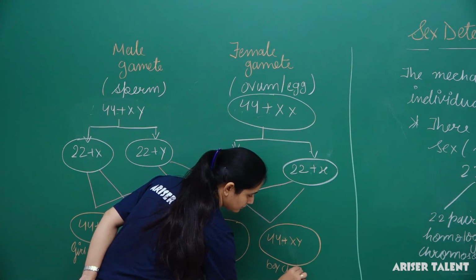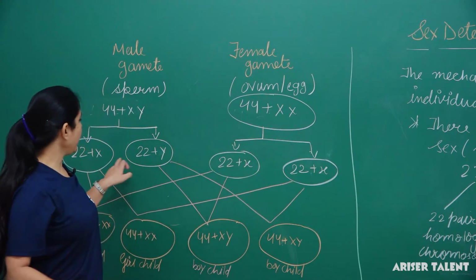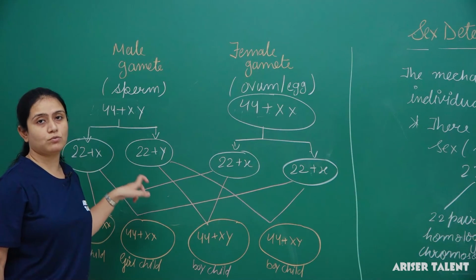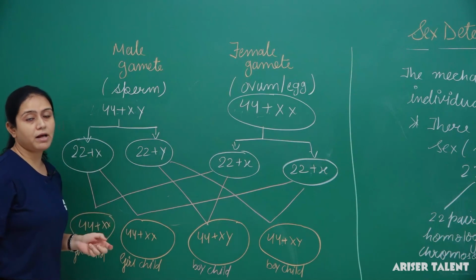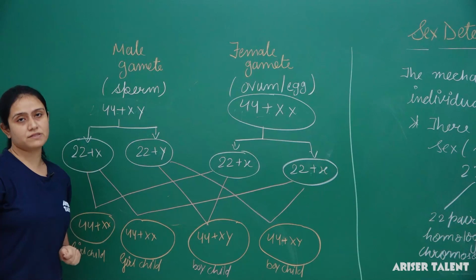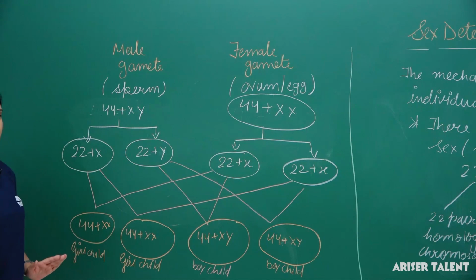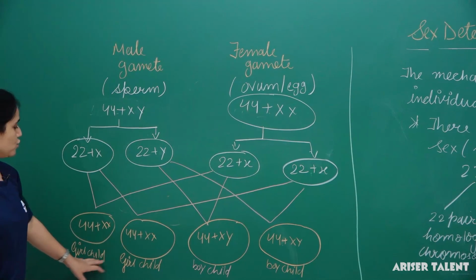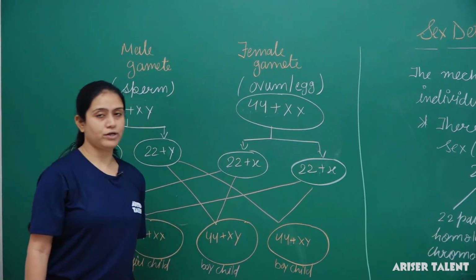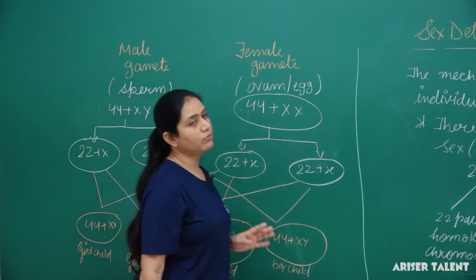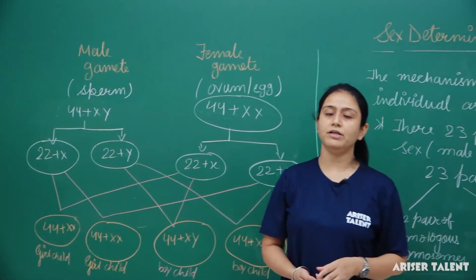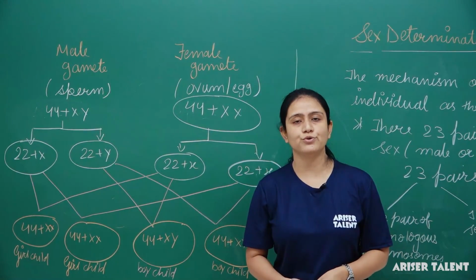So these sex chromosomes, XY, decide or determine the sex of the offspring, and this complete process is known as sex determination. Clear? Two girl children and two boy children. So this is all about the mechanism of sex determination. Hope everything is clear to you. Thank you.